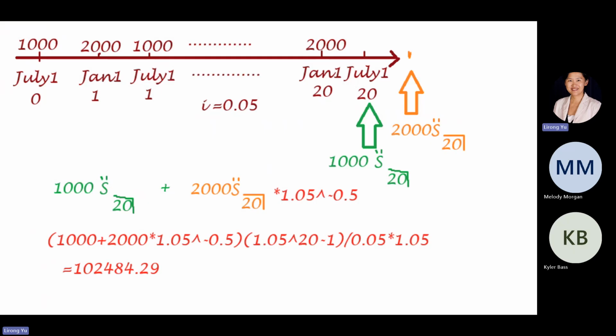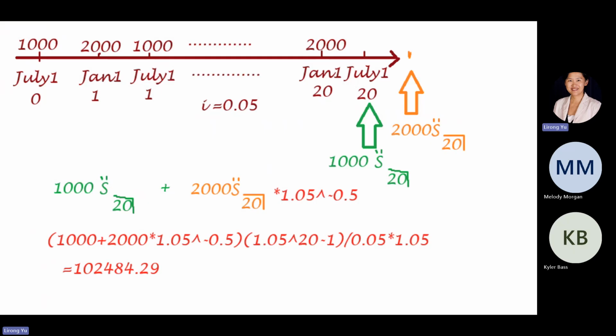This July 1st to that July 1st, that's 1,000 at the beginning. This 1,000 is at the beginning of the second time interval. So that's the accumulated value for an annuity due, right?